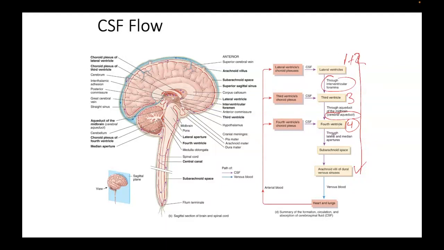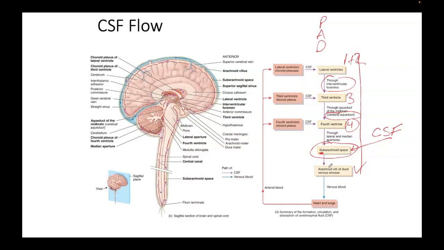And then it can go through the median aperture, the lateral aperture, and the CSF is flowing through the subarachnoid space. So remember, we had the pia mater, arachnoid, and dura mater. There's also under the arachnoid, it's called the subarachnoid space. That's where the CSF is flowing, in that subarachnoid space.